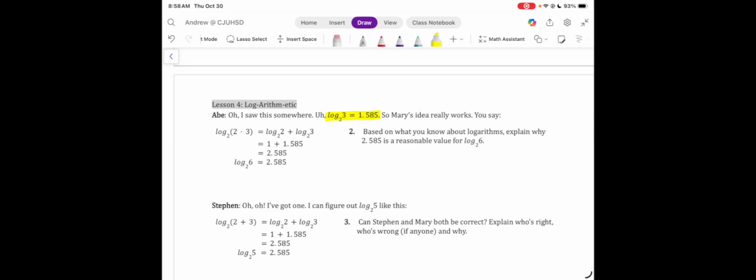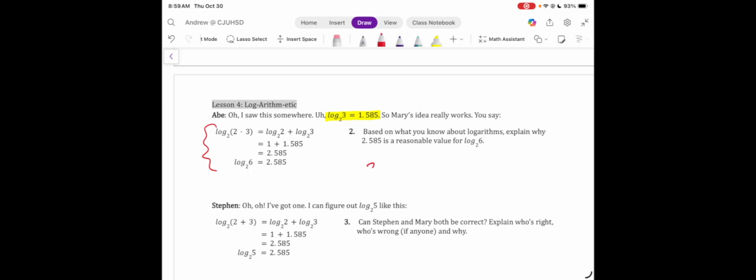And you say, okay, based on what you know about logarithms, explain why 2.585 is a reasonable value for log base 2 of 6. Okay, so here's the work that they did over here to come up with a number.